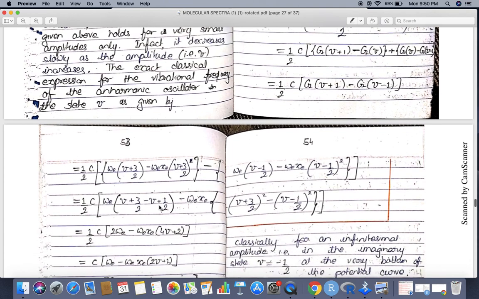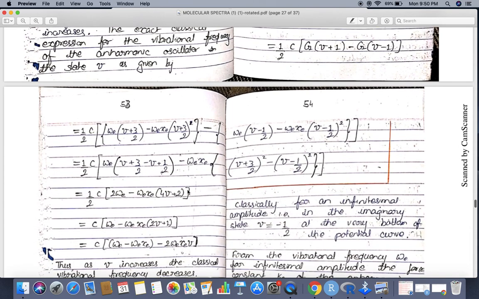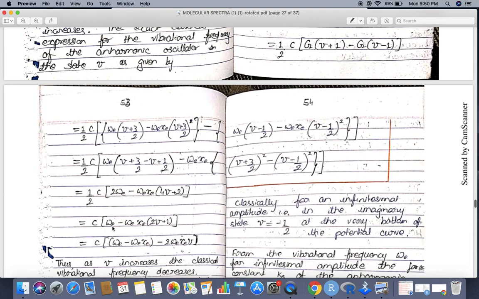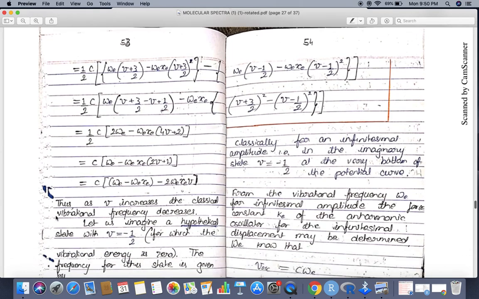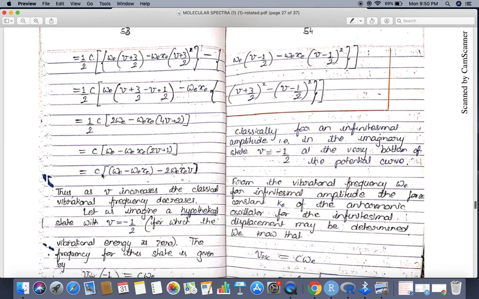So once you estimate this quantity, with very simple algebra, finally you will get that this is c times omega e minus omega e x e minus 2 omega e x e nu.